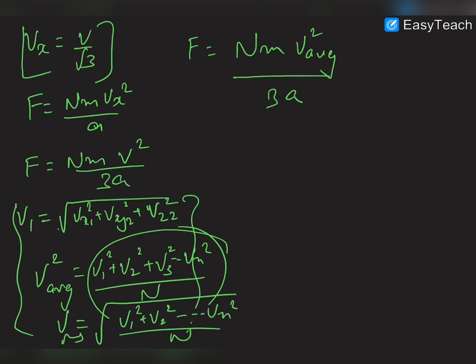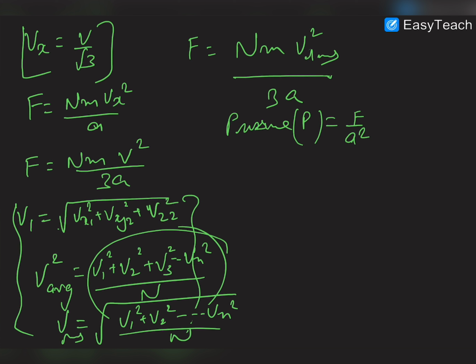So we can write this velocity as V RMS, and we can square this up. So we can also write this V square average as V RMS square. Okay. And now if we wish to find out the pressure, pressure is equal to force per unit area, F by area, and the wall area of this container is A square.